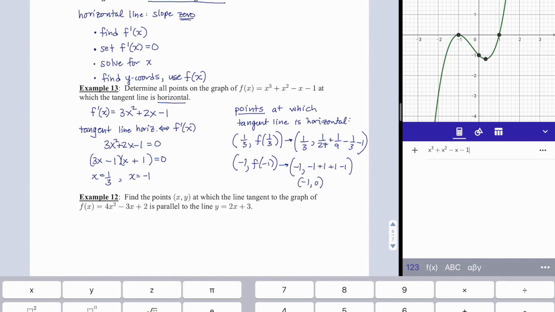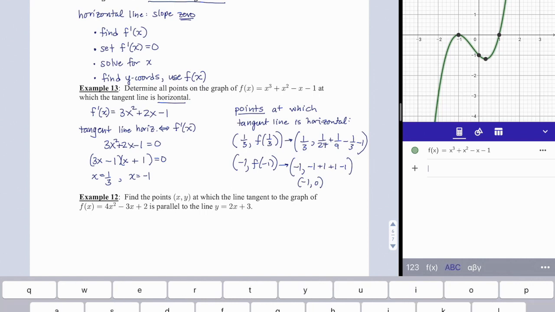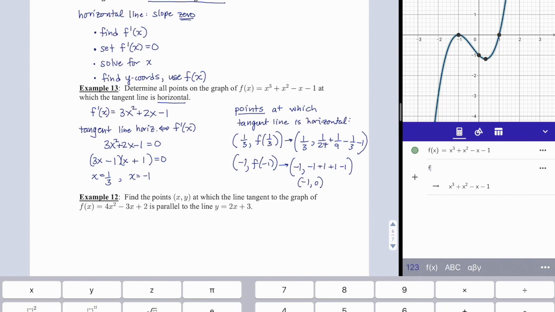And we came up with the horizontal tangent lines occurring at -1, 0, that's good. And then 1/3, and we don't know what f of 1/3 is, but let's just have the calculator compute that for us. F of 1/3.